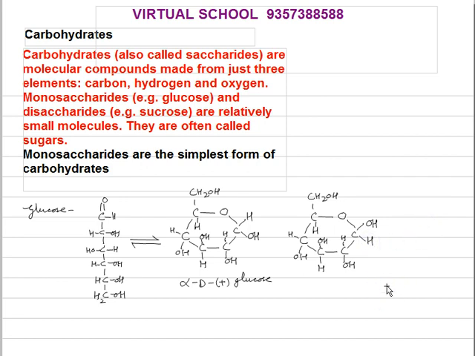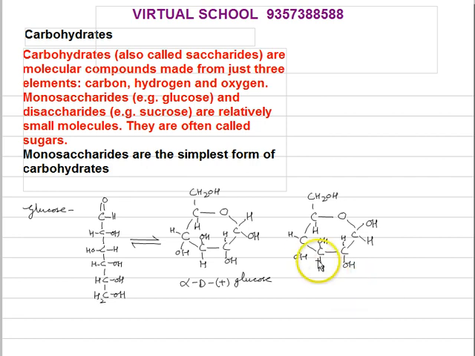When two monomers or two glucose combine, the bond may be of alpha type or beta type. This is how various types of higher carbohydrates, especially polysaccharides, we will study.